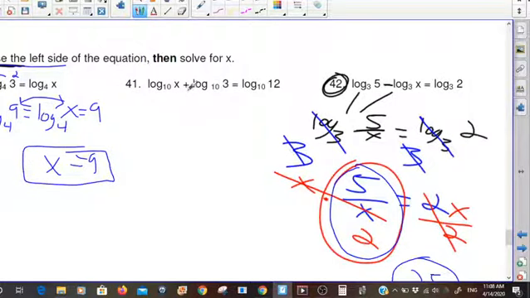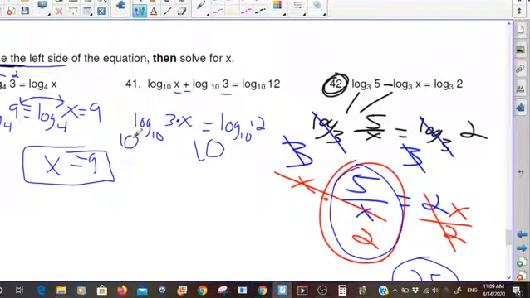Okay, let's condense this one. So now we're going to do just one log, so log base 10. And then x plus 3 becomes x times 3, which is just 3 times x, equals log base 10, 12. And now what we're going to teach you is that if you base 10, a big fat number, base 10 both sides, raise everything to the exponential power, then the log base 10 will just go away.